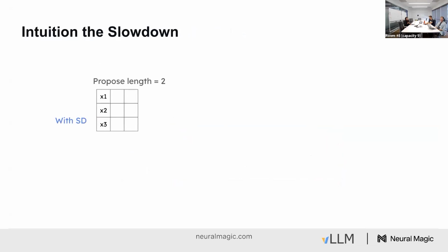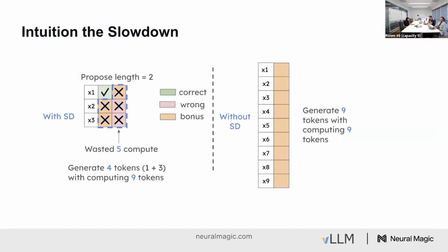Yeah, so this is the intuition behind the slowdown. In the example here, given 3 requests x1, x2, and x3, and a proposed length of 2, on the left picture, if you do speculative decoding, because some tokens might be incorrect, you generate 4 tokens, but what you compute is 9 tokens.